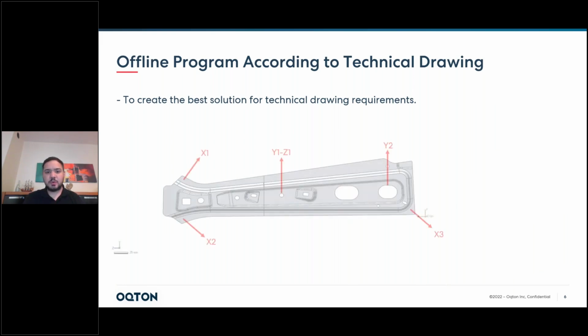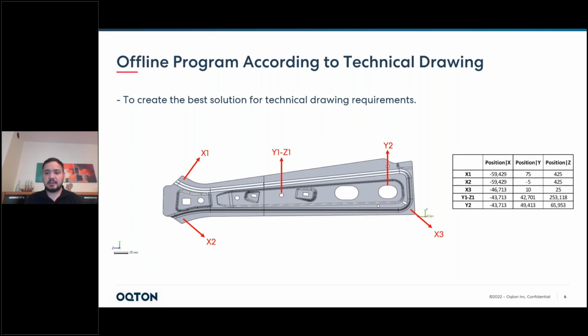Technical drawing requirements for sheet metal could first be RPS alignment. As we talked before, there could be X, Y, Z points for the sheet metal parts to inspect using these alignments. We have the positions given by the customer you work for, shown on the table as position X, position Y, position Z. So I need to create the alignment using these points.